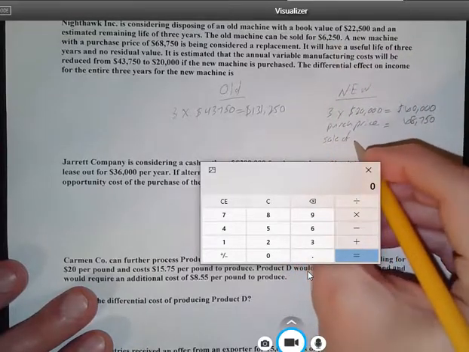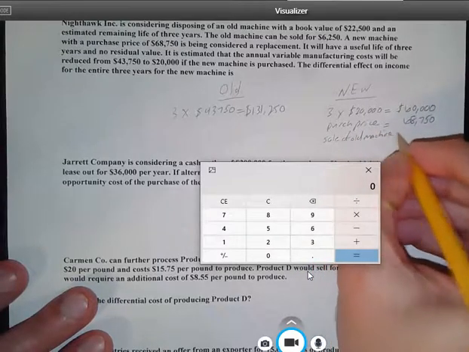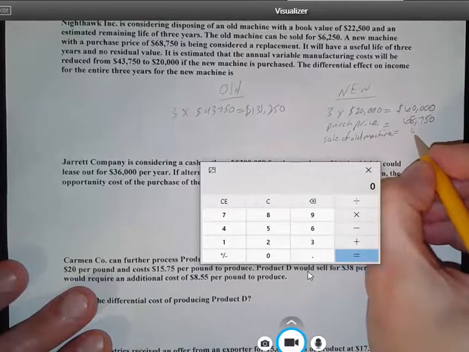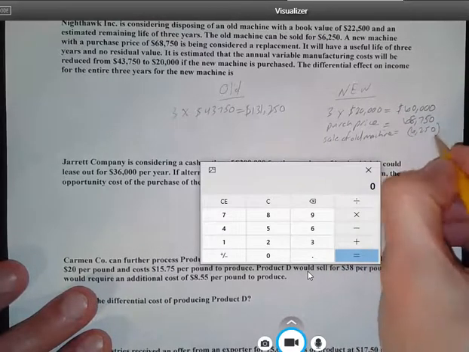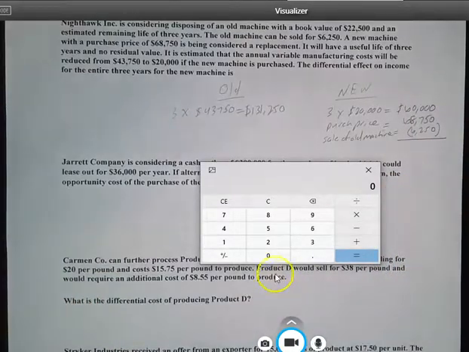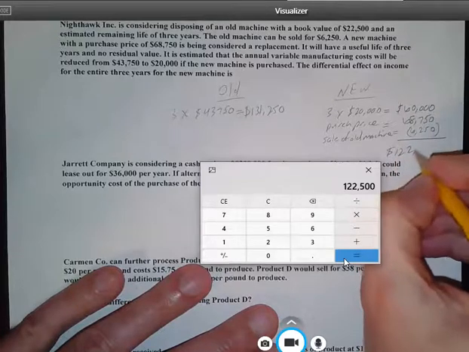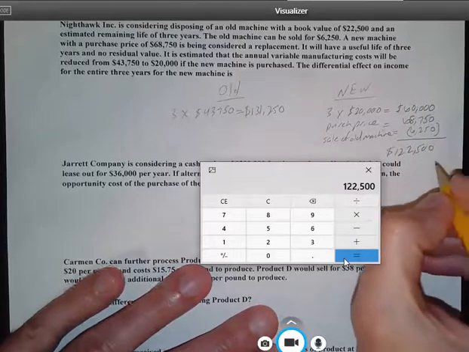So we're going to include that over here, but we're going to include that as a negative. Okay. So let's see what we have here. We have 60,000 plus 68,750 minus 6,250 equals 122,500.